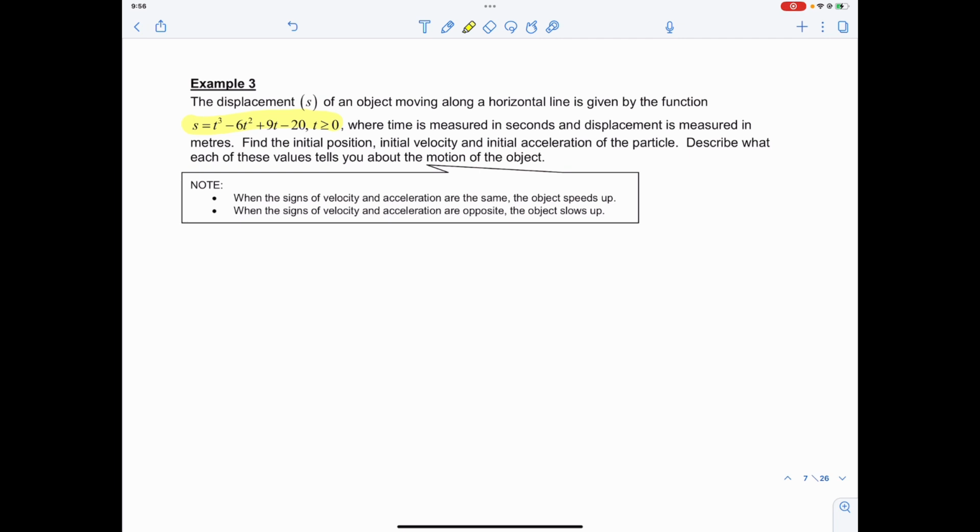Find the initial position, initial velocity, and initial acceleration of the particle, and describe what each of these means. Well, what does initial mean? Initial is a fancy way of saying when the time is equal to 0.